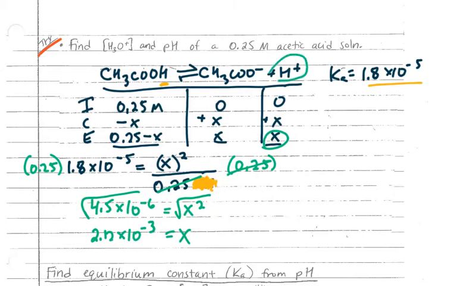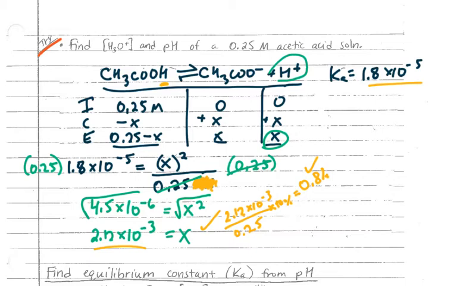Oh, first I should double check the validity of this. 2.12 times 10 to the negative 3 over 0.25 times 100% equals 0.8%, so that is valid. Okay, so this X is in fact our concentration of hydronium.